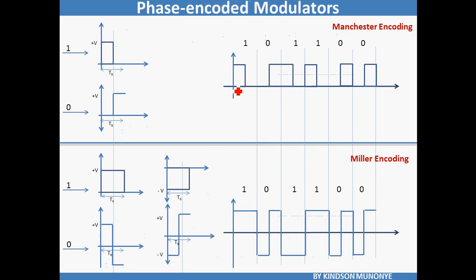So we move to the next one, the phase-encoded modulators. Here we have a signal generated for a bit that is received. If it's a 1, it goes from positive to 0.